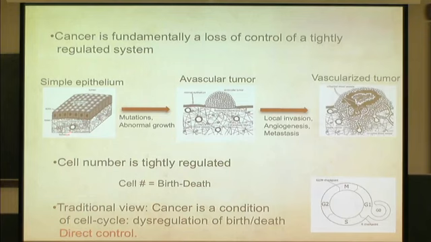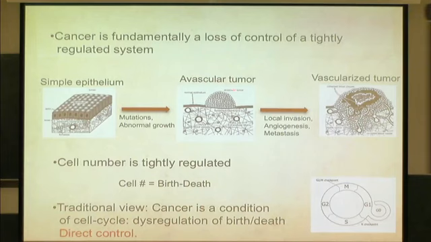So this would be, for example, a piece of colon. Then, as a result of changes, which could be genetic or epigenetic, the cells could then start to proliferate and so produce an avascular tumor that would basically give a local increase in number of cells.